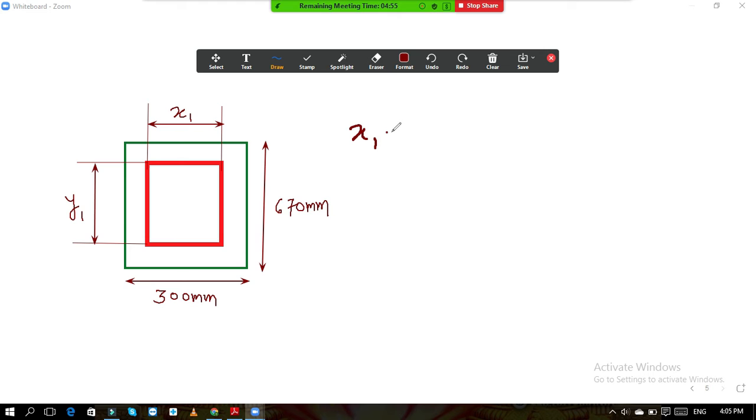So x1 is equal to 300 minus 25 minus half of bar diameter of stirrup, again minus 25 on the right side minus half of bar diameter of stirrup.